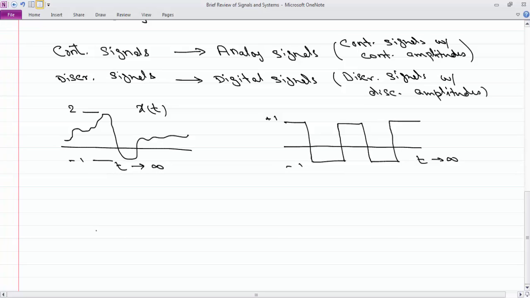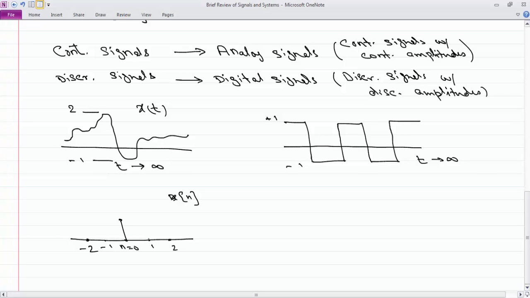Similarly, when we talk about a discrete signal, x of n, we define it for n equal to 0, 1, -1, -2.